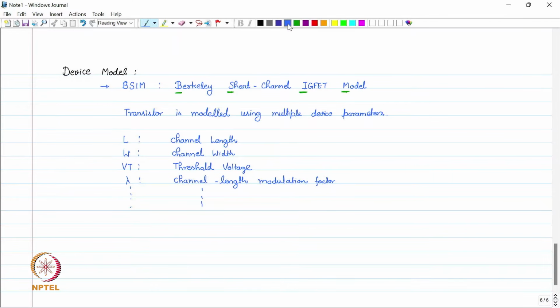So we have a few points here: this is primarily developed for MOSFET, these are physics based models, and scalable.